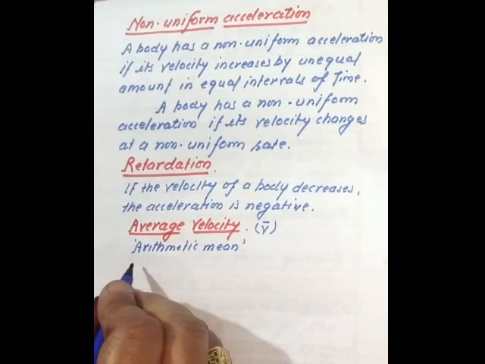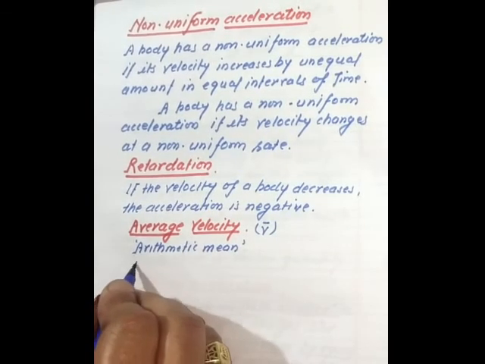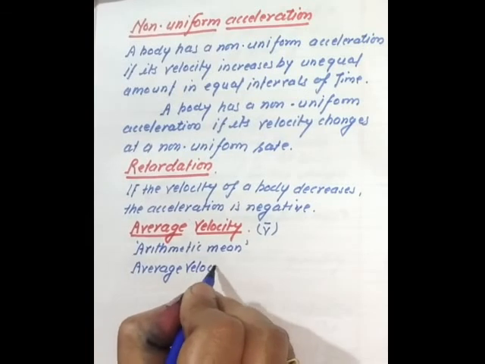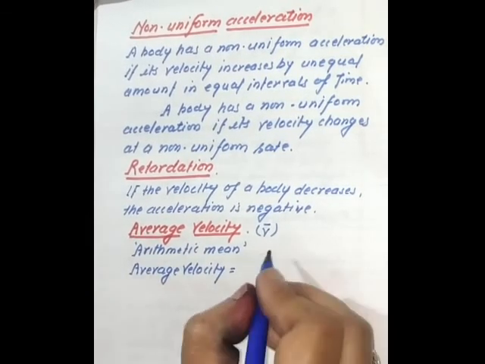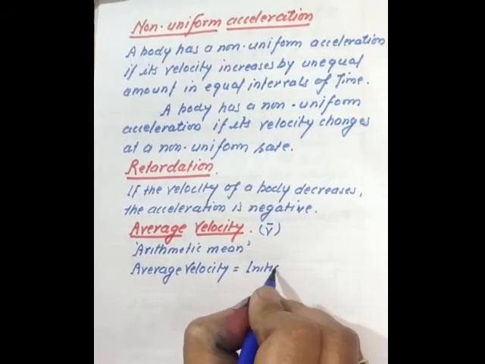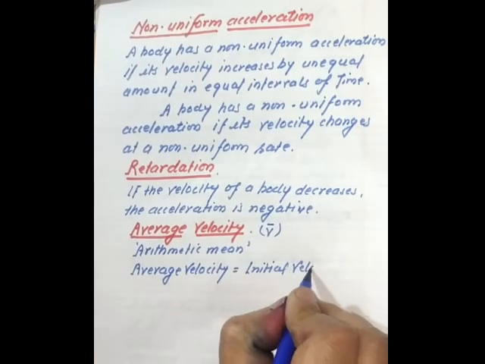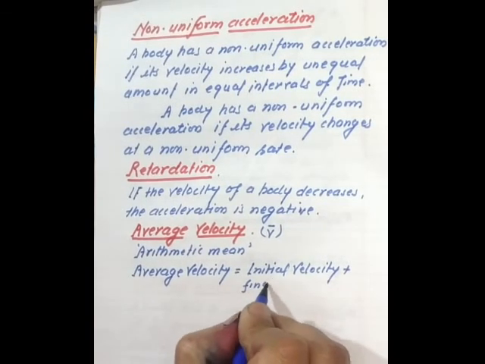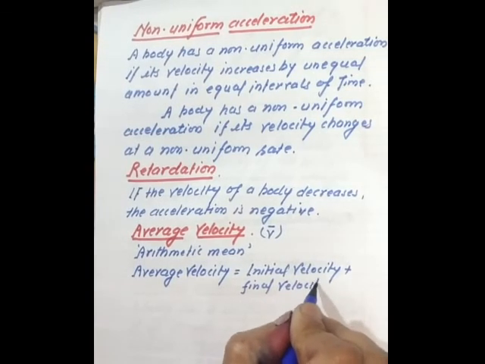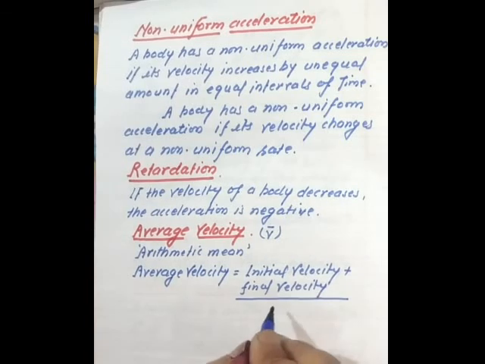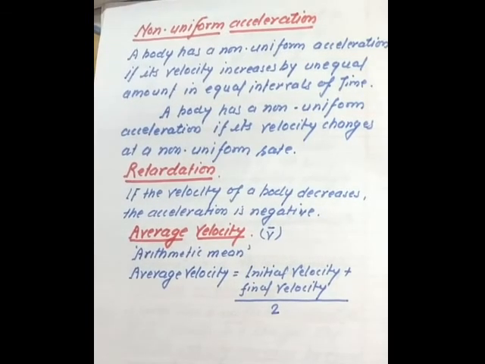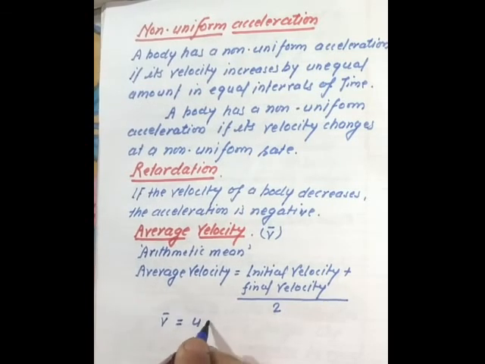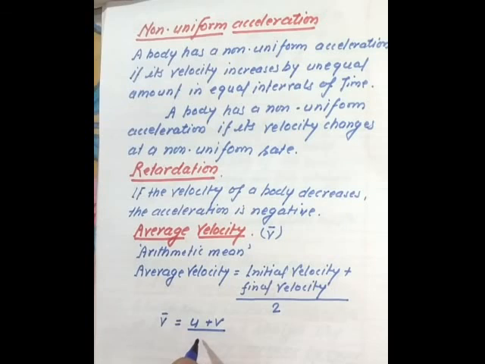Average velocity equals initial velocity added with final velocity upon 2, or you can write v bar equals u plus v upon 2.